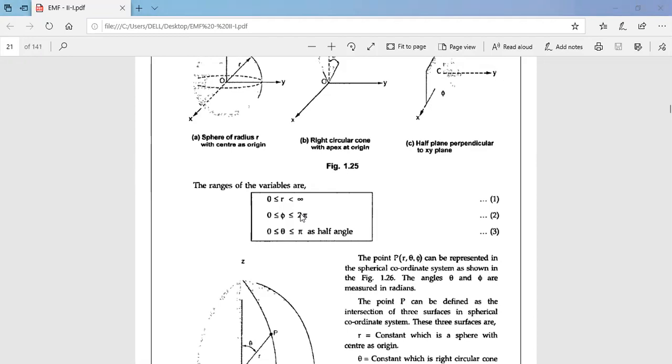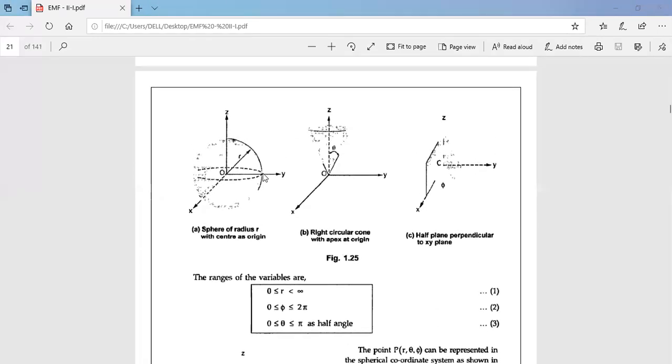Now, here's the trick. To get the volume of the sphere, when you go from 0 to 2 pi, that means you go around the entire thing already. Right?